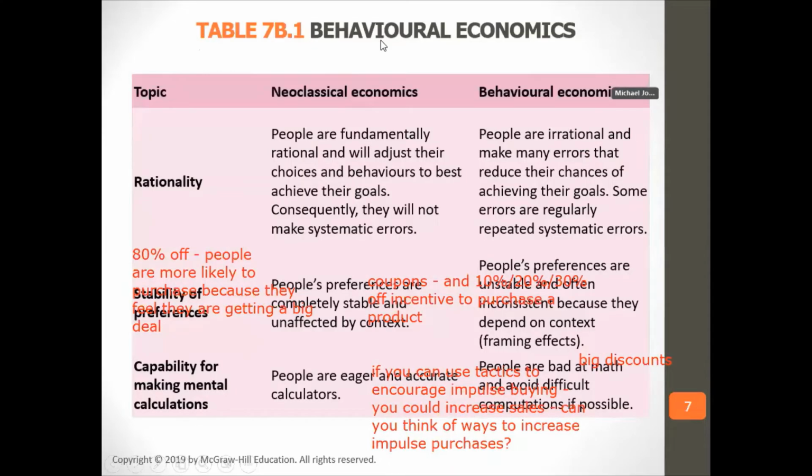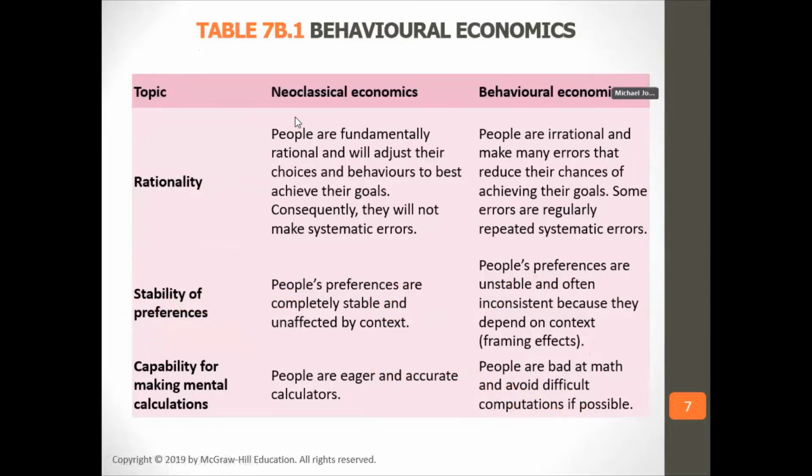So this is a great chart here, on this PowerPoint. Rationality: people are fundamentally rational and will adjust their choices and behaviors to best achieve their goals. Consequently, they will not make systematic errors. That's under neoclassical economics. The behavioral economics view is that people are rational but make many errors that reduce their chance of achieving their goals. Some errors are regularly repeated systematic errors. So both are true in different cases.